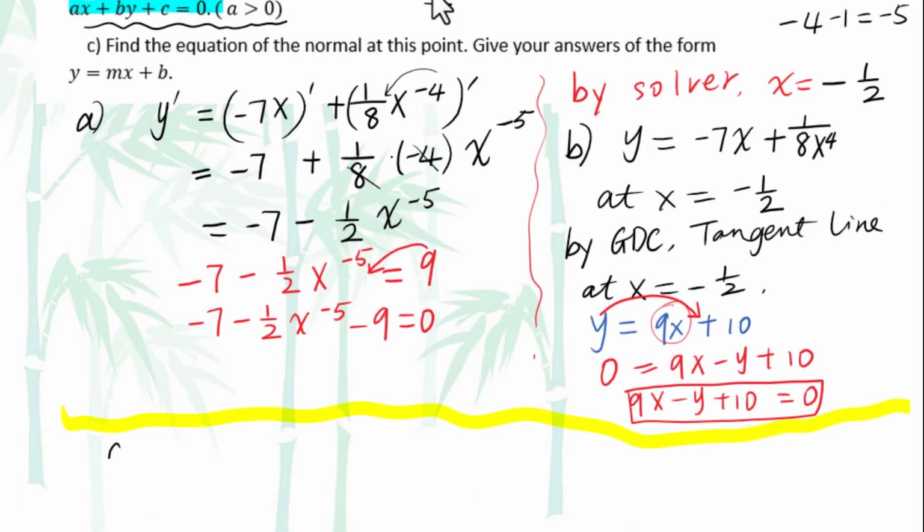Let's go to C. Find the equation of the normal at this point. Give your answers of the form y equals mx plus b. We do know slope of a tangent line equals 9.